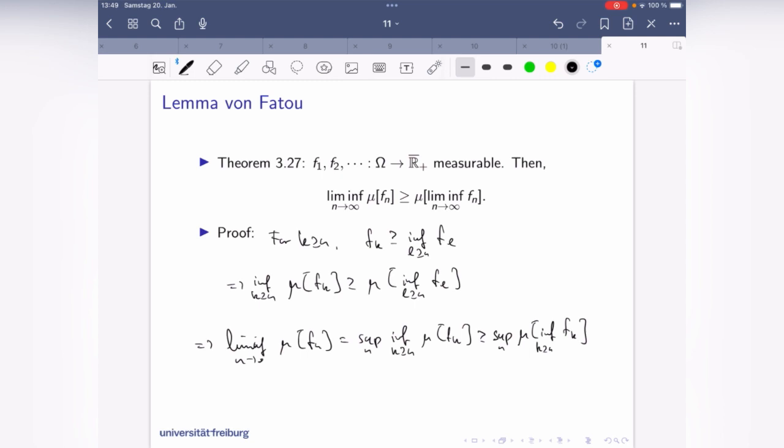So this here is then mu of sup inf, which is again lim inf fn, n goes to infinity. And we have it already. So here we have the inequality. That's the lemma of Fatou.